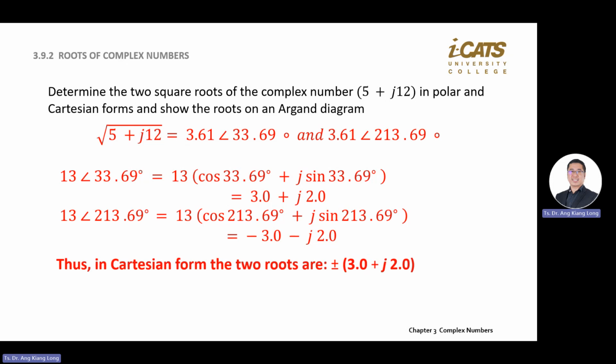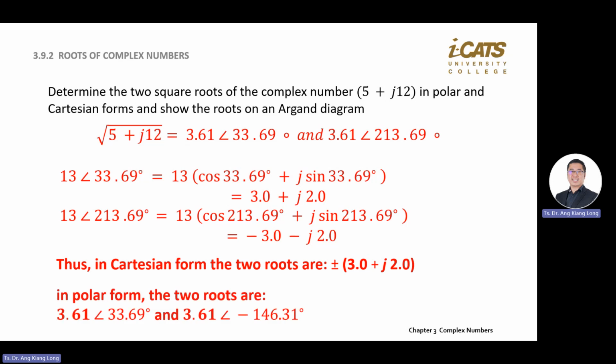If you compare the two answers, you can simplify them as plus or minus (3 plus j2), which means there are two roots. And to draw in Cartesian, one Cartesian root is this one, and the polar form is this one.